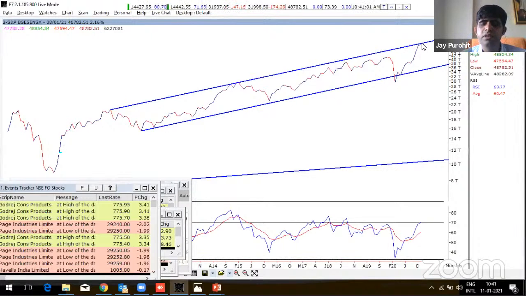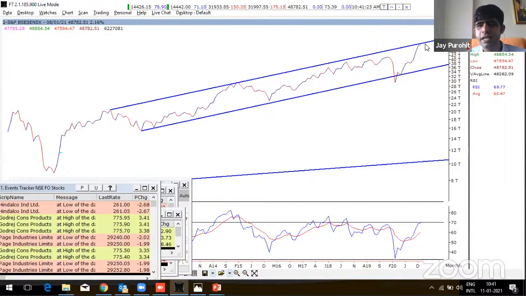So another 3-4% bounce is possible, but after that it would be a wait and watch kind of scenario in the index. Whether we see a small dip and then a breakout or a continuous breakout, that we need to check.